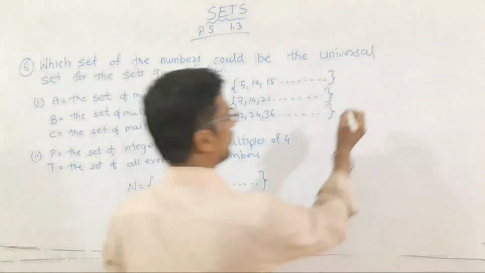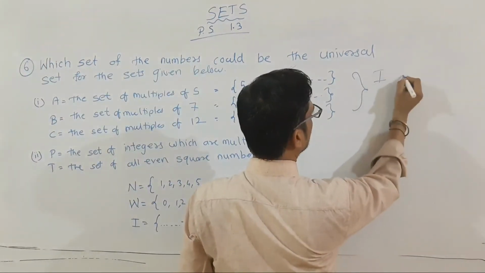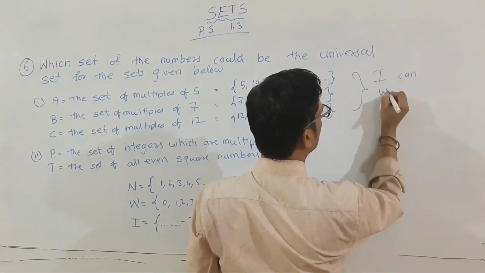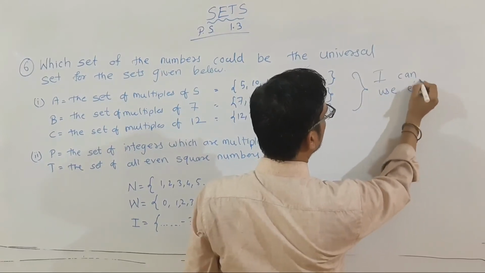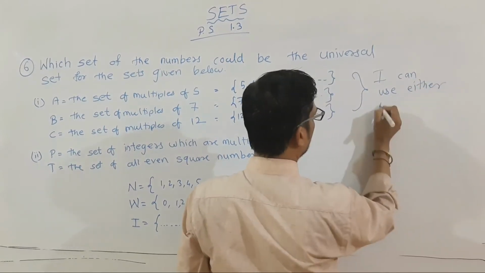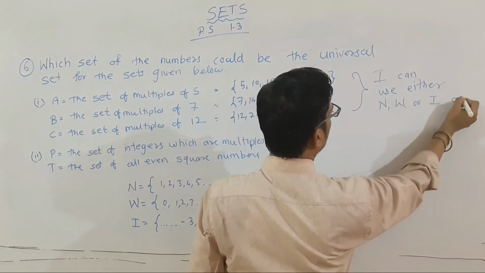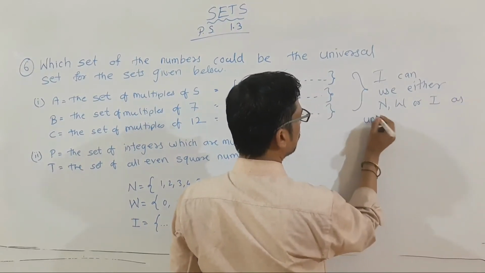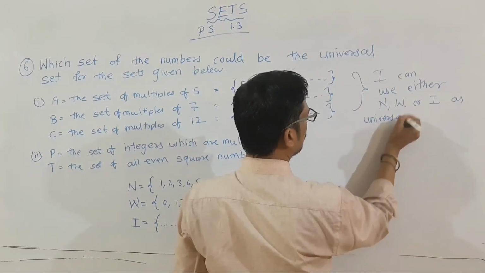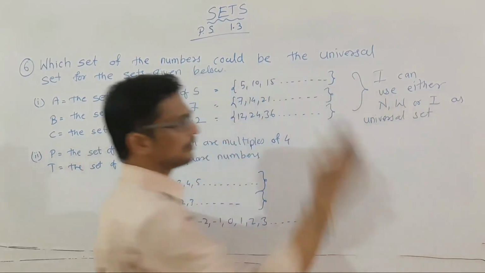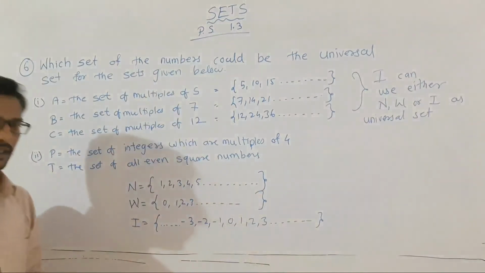So for this I can use either N, W or I as the universal set for these 3 sets under consideration.